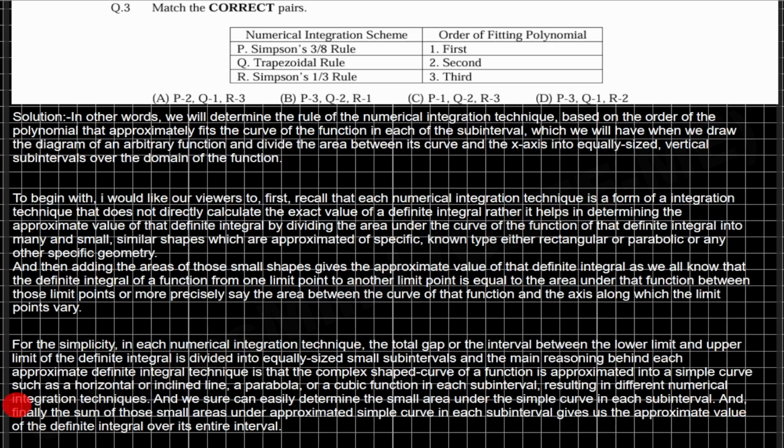Finally, the sum of those small areas under the approximated simple curve in each subinterval gives us the approximate value of the definite integral over its entire interval.